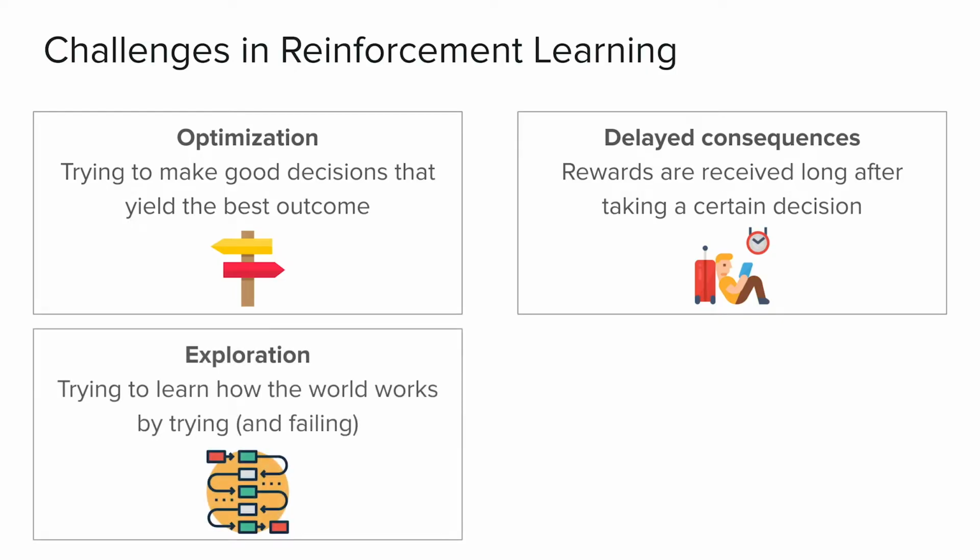Another challenge is exploration. We're trying to learn how the world works by trying and exploring and often failing to achieve the intended goal. One of the biggest issues with this exploration is that the environment that we're operating in often is only partially observable. So we only see part of the environment, and we only ever get rewards for actions that we're actually taking.